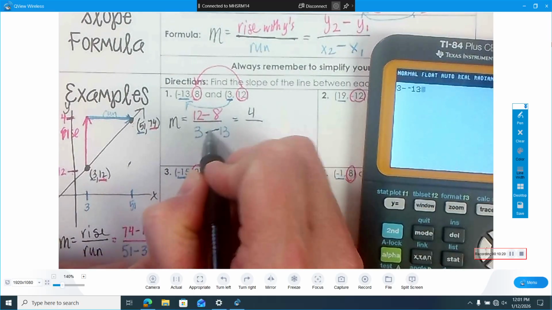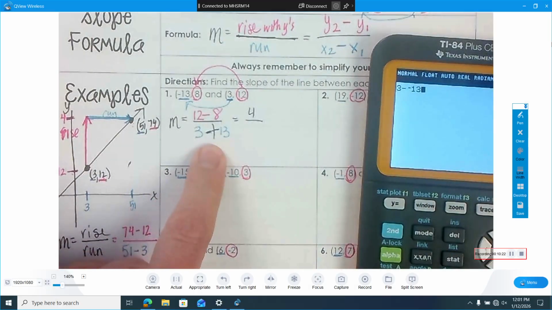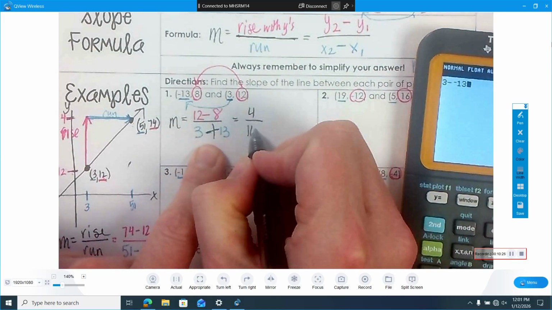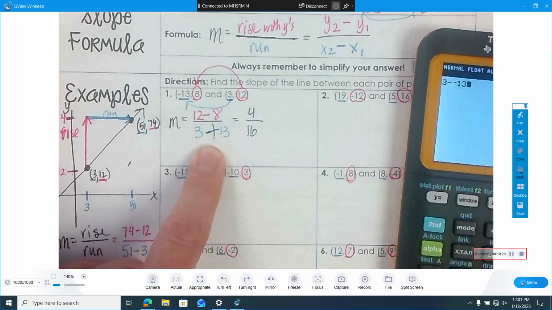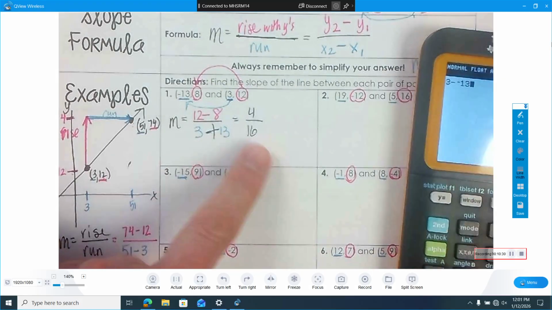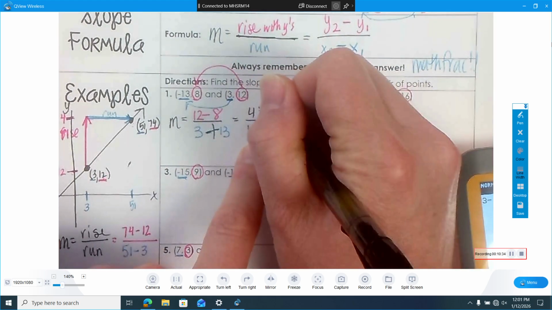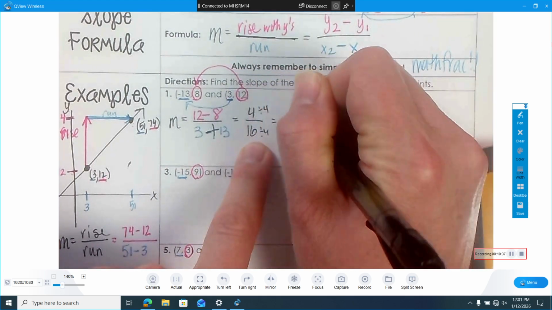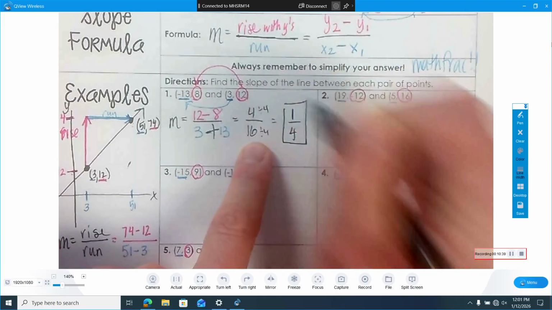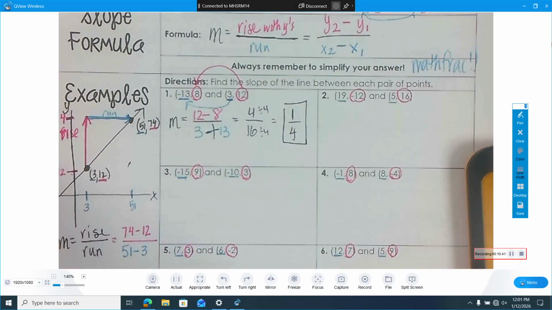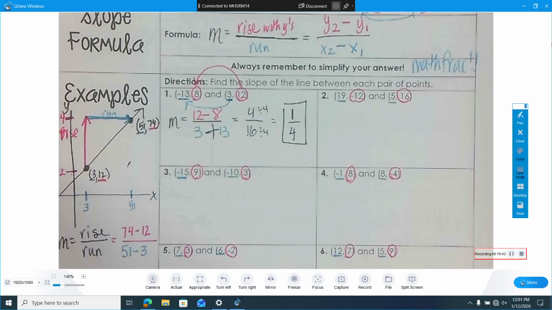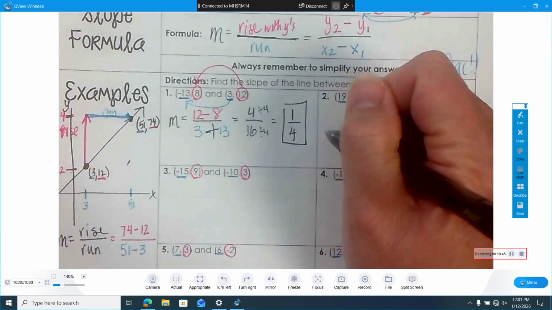So this really is just a plus. I can just turn that minus a negative into a plus. So 3 plus 13 is? Negative 16. Oh, positive. No. Close though. Now, we must reduce. 1 over 4. Yeah, I can divide top and bottom by 4. So we get 1 over 4. You do need to reduce your fractions. Okay? That's it. Let's write another.